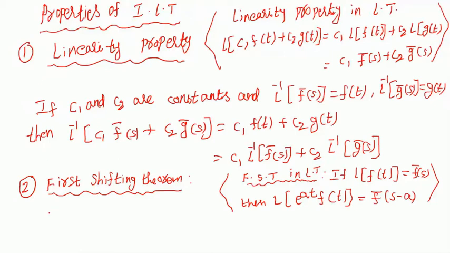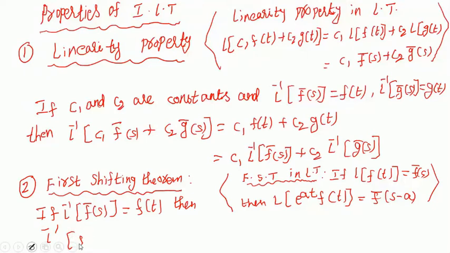If L inverse of f bar of s is equal to f of t, then here also you can take L from left to right: L inverse of f bar of s minus a is equal to e power at into f of t, right? So this is the first shifting property.